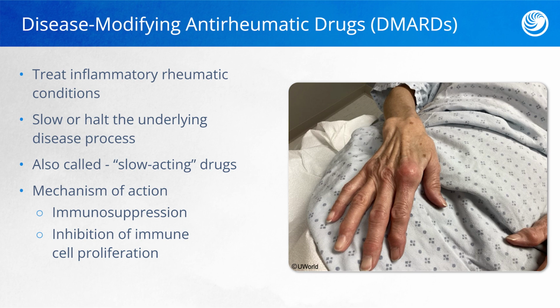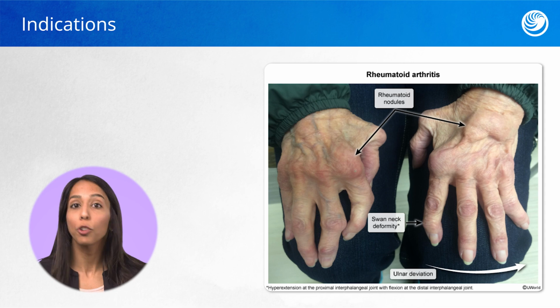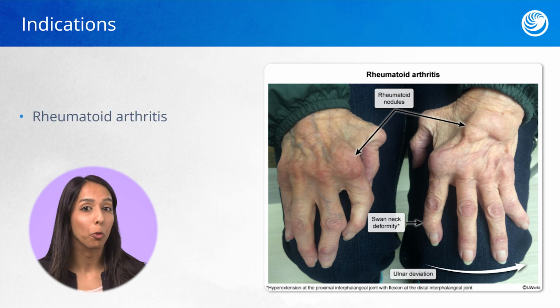Finally, there are some drugs which inhibit inflammatory cytokines, which are proteins involved in cell signaling. The primary cytokine targeted is tumor necrosis factor, or TNF. As I mentioned before, DMARDs are most commonly used to treat rheumatoid arthritis to reduce joint inflammation and prevent joint damage.